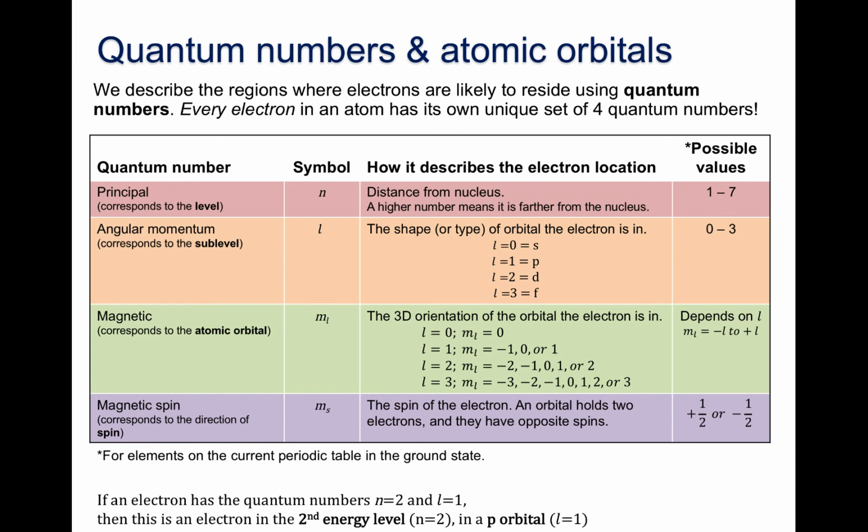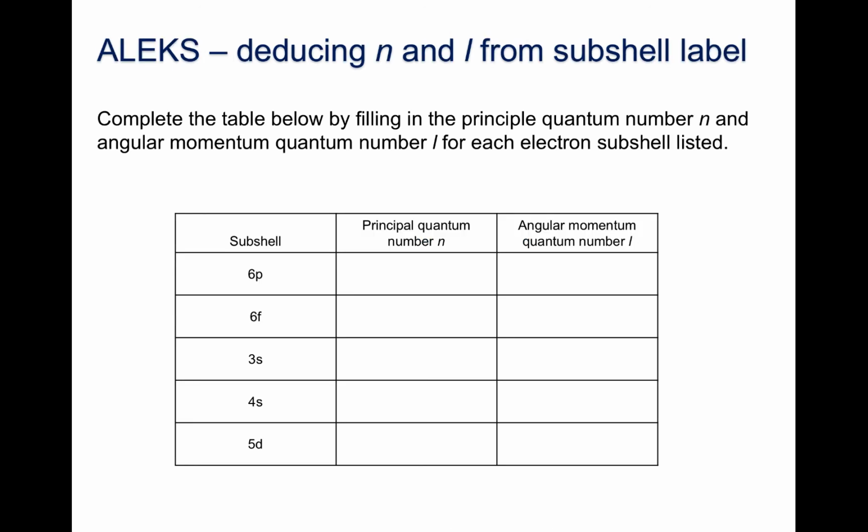Let's apply some of these principles. What types of questions are you going to have to answer? Here's an ALEKS question where you're given the subshell, and what you need to do is fill in the principal quantum number n and the value for the angular momentum quantum number L. When you're looking at a subshell, it's a combination of a letter and a number.